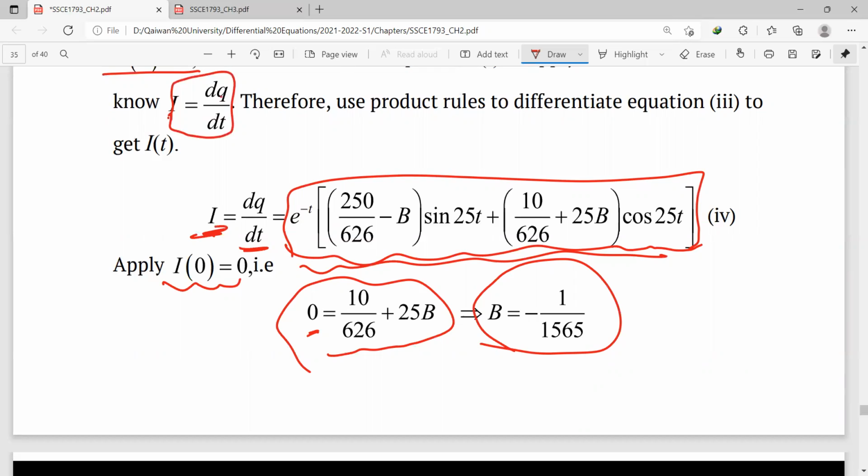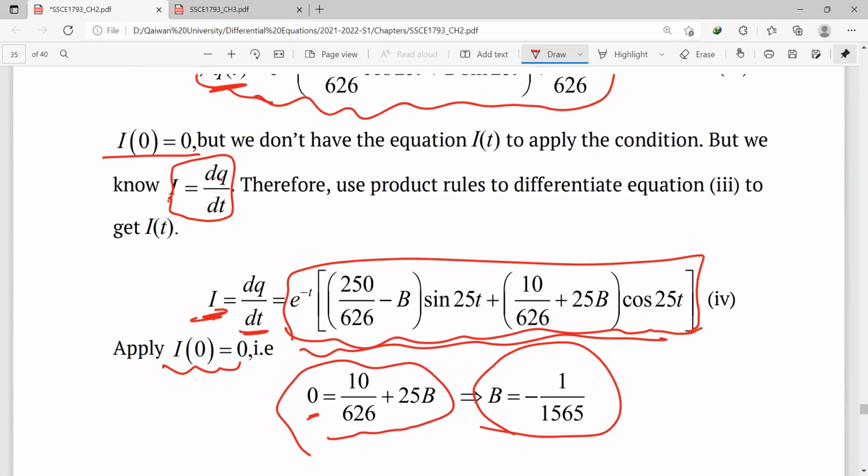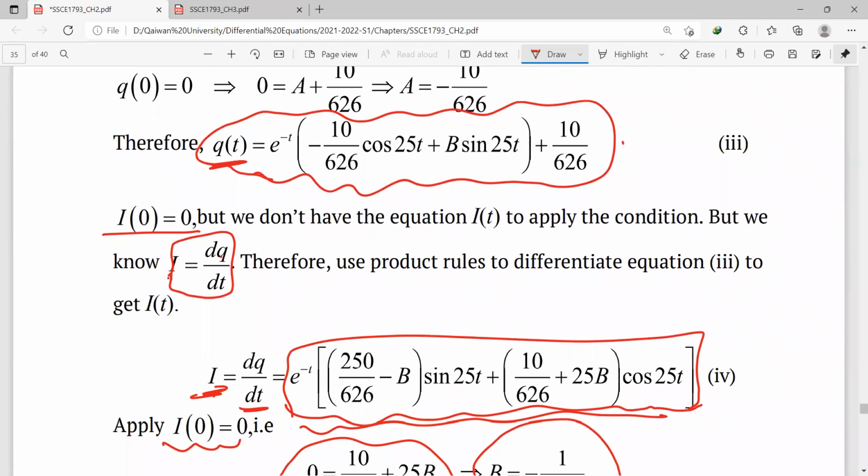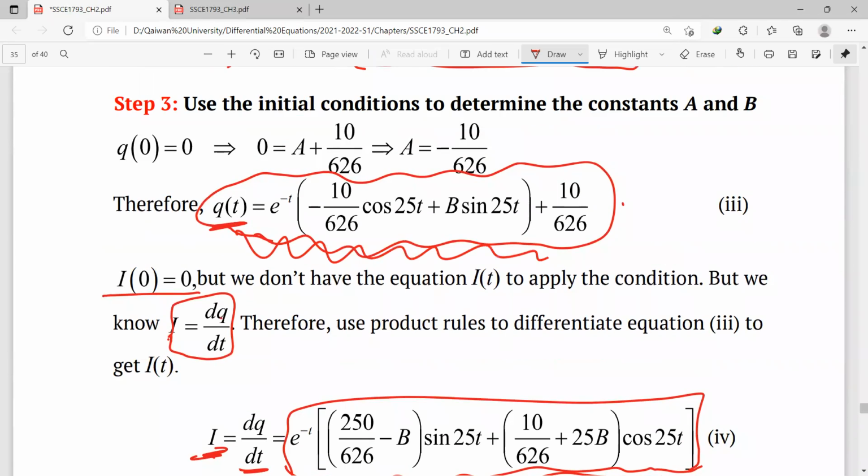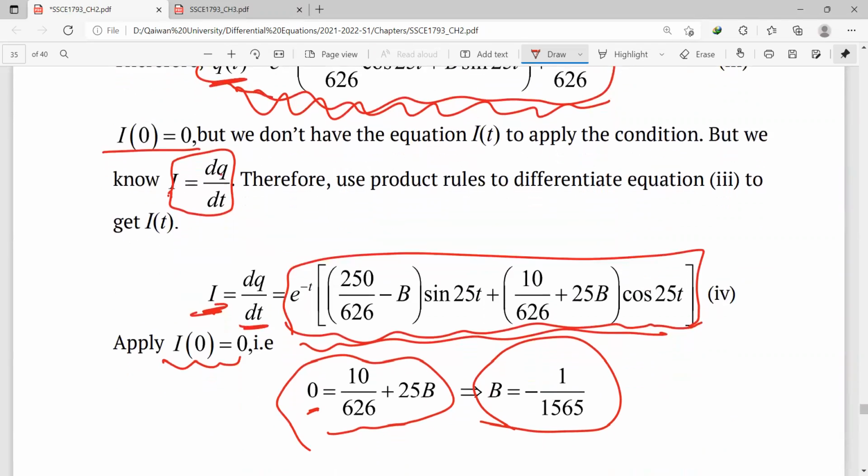And then we apply the second condition. The other condition is Q of 0 is 0. This is Q. We just replace Q by 0 and t by 0.